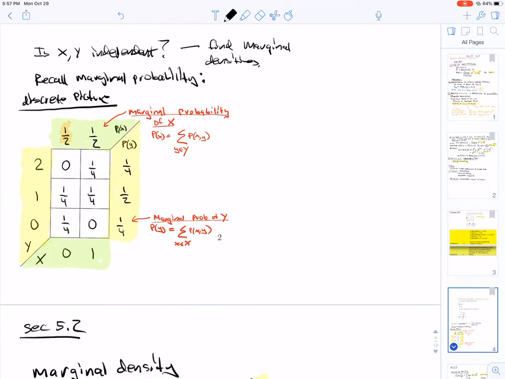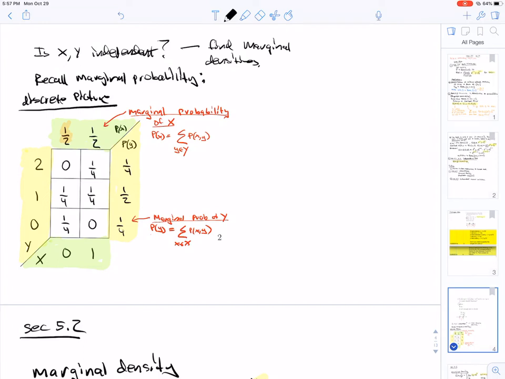So here I've just shown a picture for the discrete case. So for example, marginal y means that you fix a y and you add up the probabilities in that row. So you can see that in the formula here for marginal probability for y.